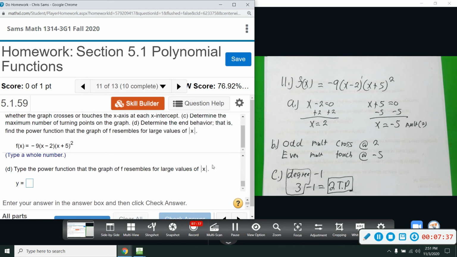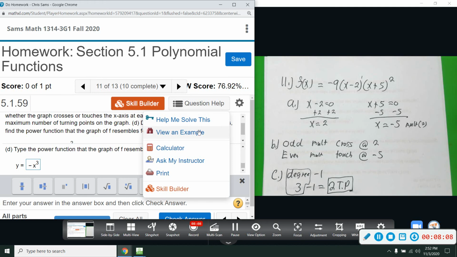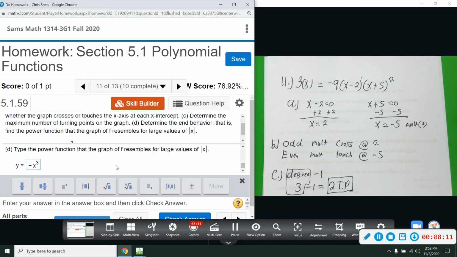And then knowing our degree, the end behavior, type the power function that the graph of f resembles. So it resembles, I guess we'll say negative x to the third. So this is based on parent functions. Let me see if they give you a list of those. No, they don't show the textbook. But the power functions are just like x, x squared, x to the third, and so forth.